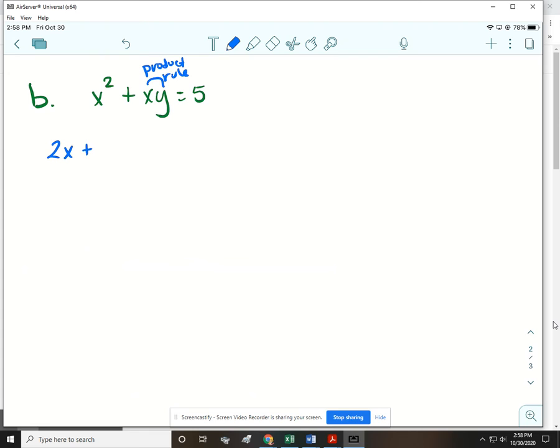So I'll leave x alone, multiply by the derivative of y, plus leave y alone, multiply by the derivative of x, and then equals the derivative of 5, which is 0. All right, so let's do what we need to do to solve this for dy over dx.